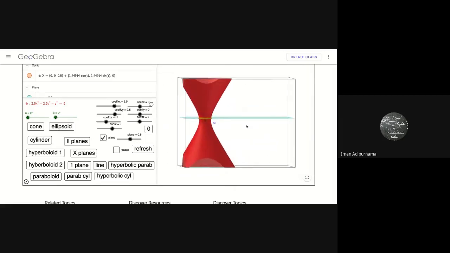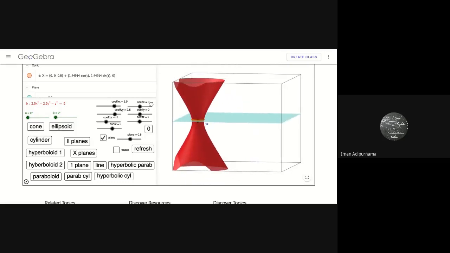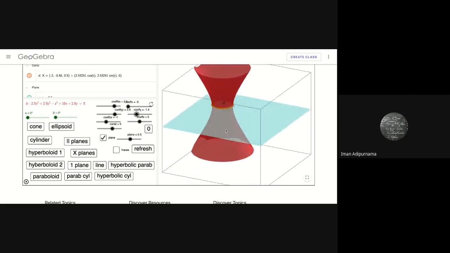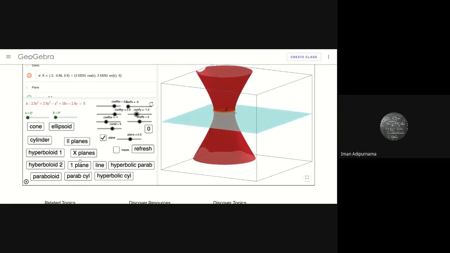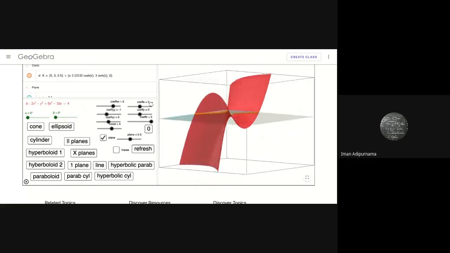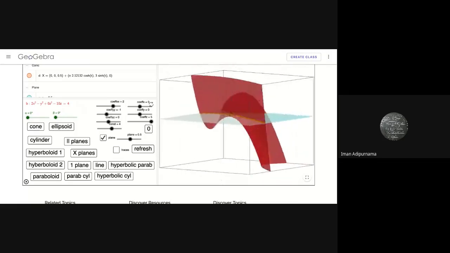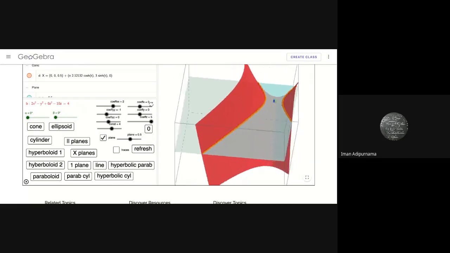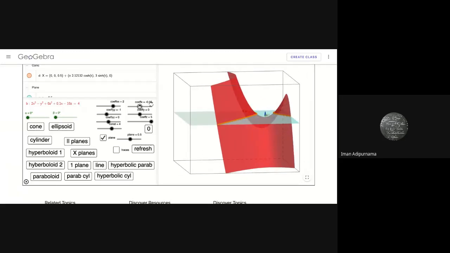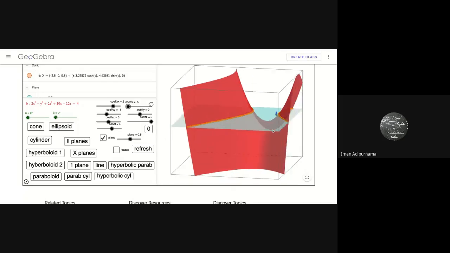Maybe I need to move the X a little bit there, and a little bit here. And if you see the hyperbolic paraboloid, this is what it looks like. It's a little bit cut down by this cube.